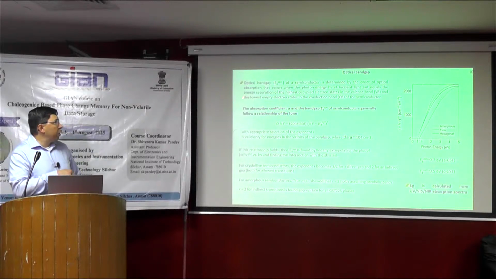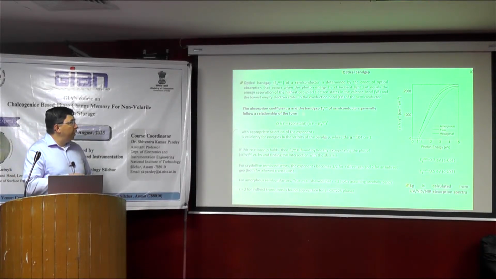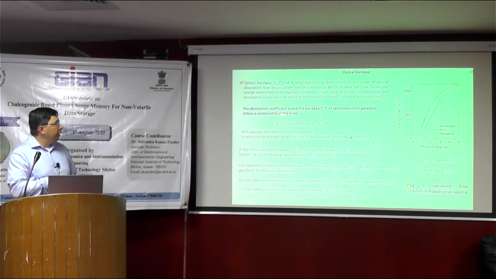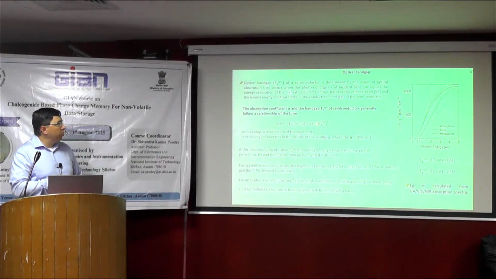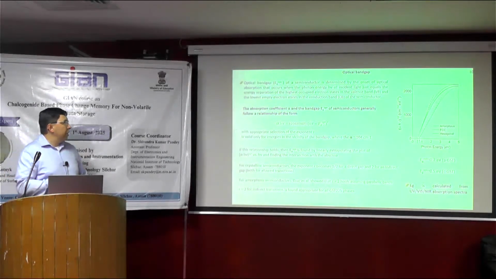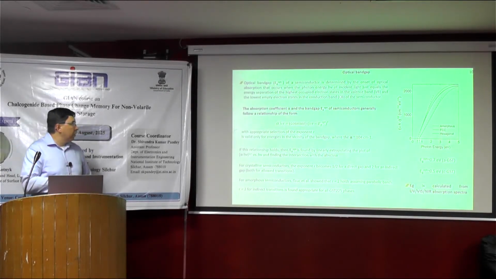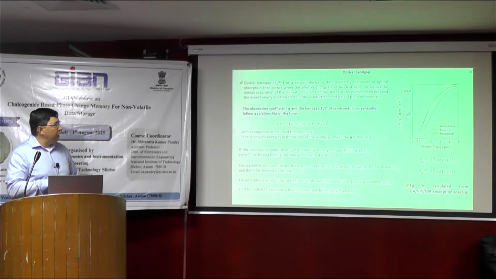The absorption coefficient alpha and the band gap of semiconductors generally follow this relation: alpha h nu equals a constant times (h nu minus Eg) to the power R. Eg is the optical band gap, and R is the exponent which we have to select for fitting.